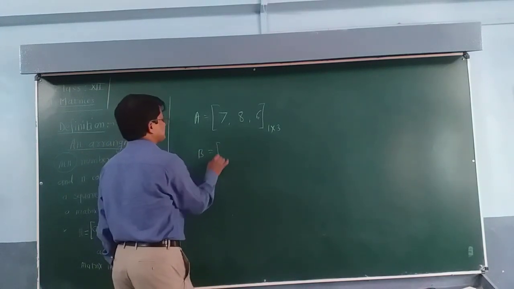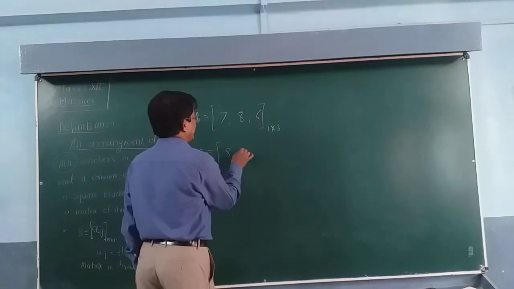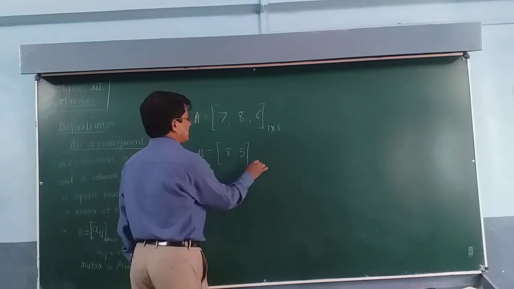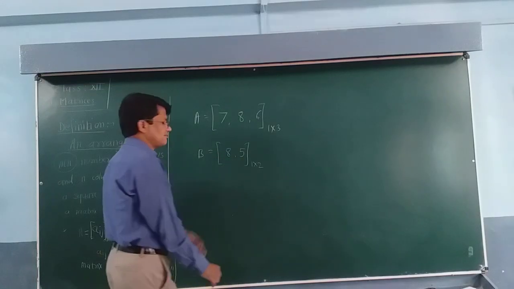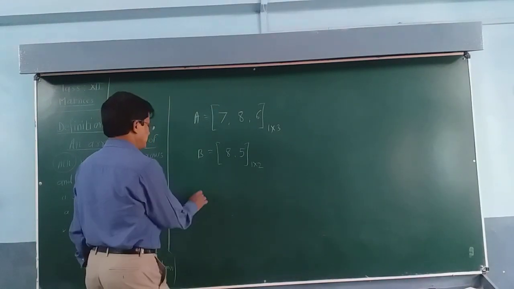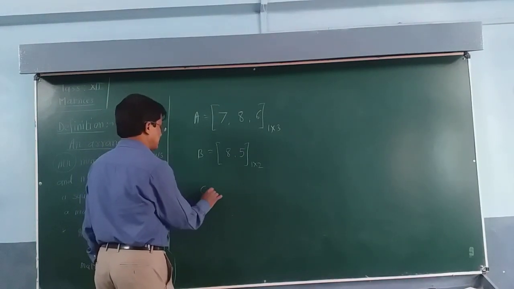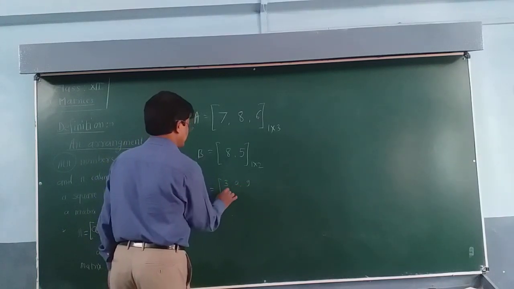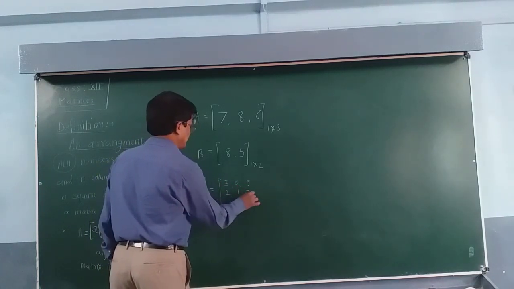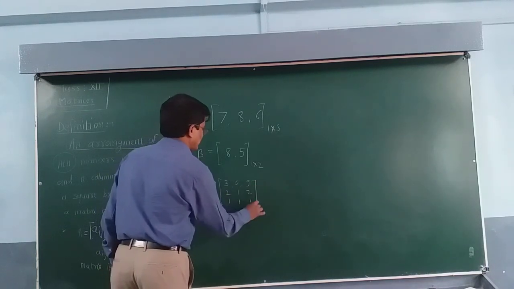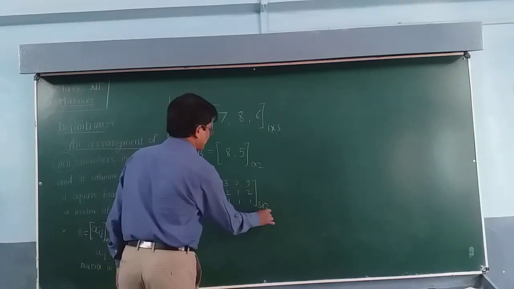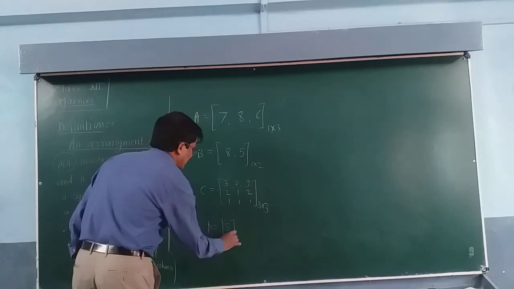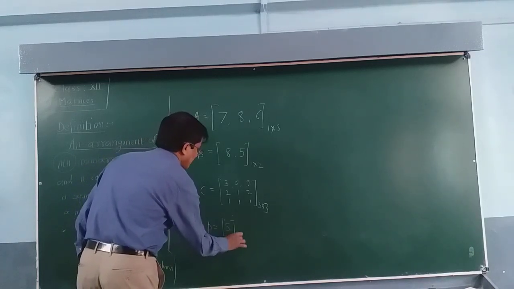Second matrix: 8, 5, one row and 2 columns. This is also a matrix. Suppose one more, capital C equal to 3, 0, 9, 2, 1, 2, 1, 1, 1, order 3 by 3. One more, suppose only 5, order 1 by 1.